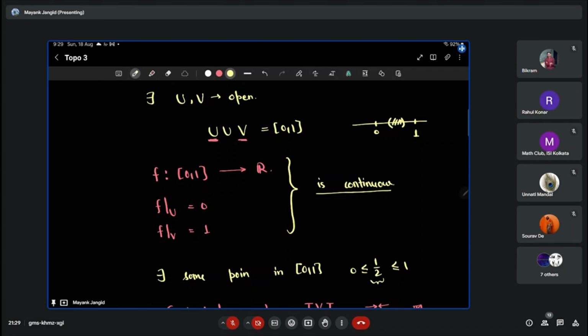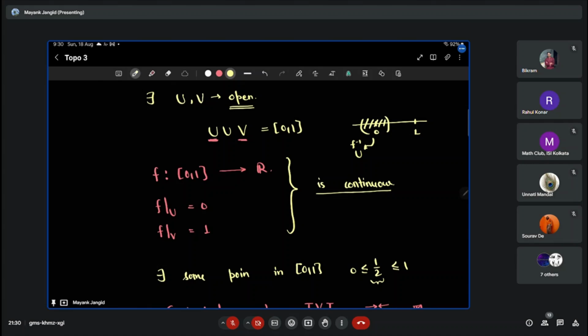If it contains exactly one of these points, say 0, then the pre-image is U, and U is an open set, therefore the pre-image is open.